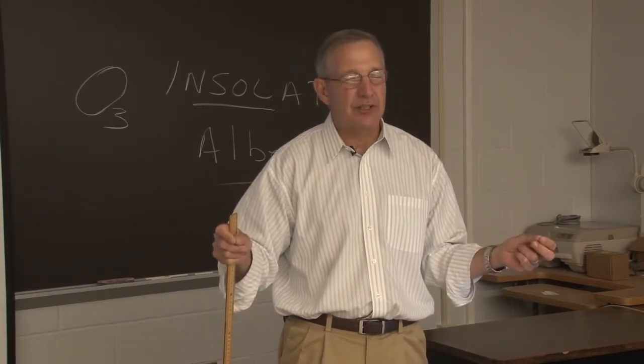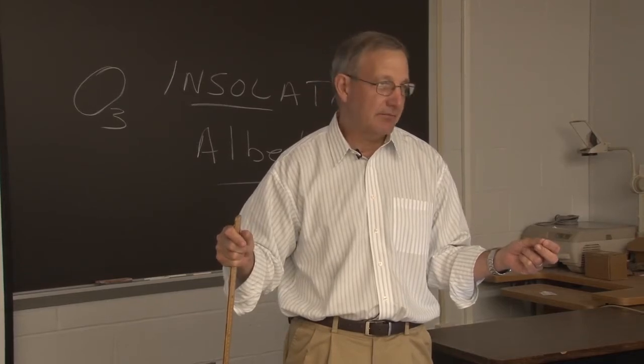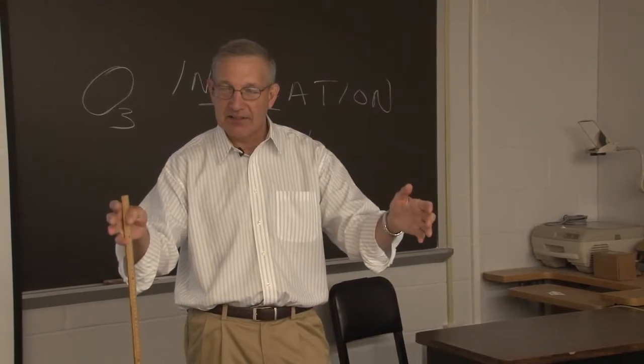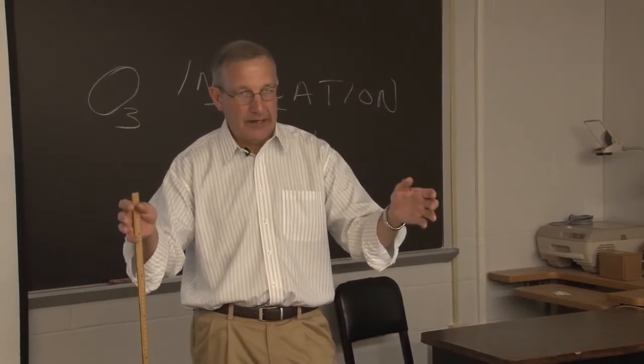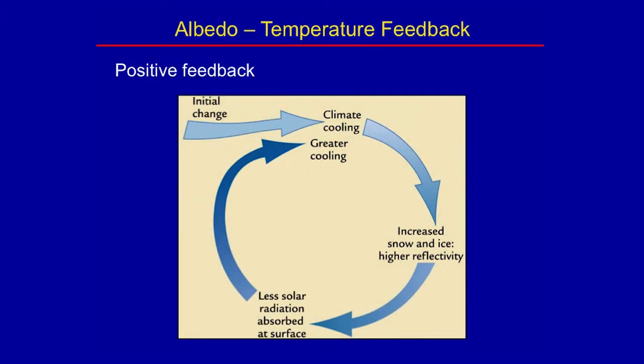By the mid-century, we may be ice-free in September in the Arctic. Not year-round, but what happens then? We've replaced that ice with water, and the water's absorbing more energy. And so you would have warming causing melting of ice, which causes further warming.